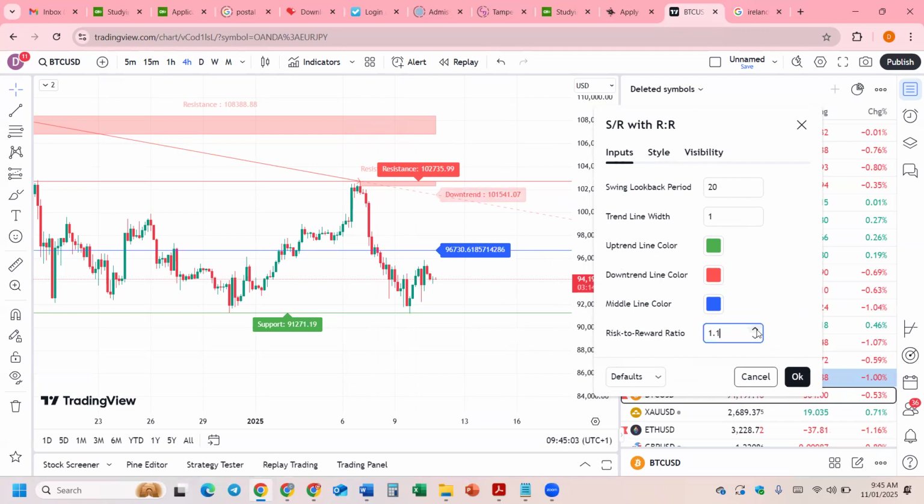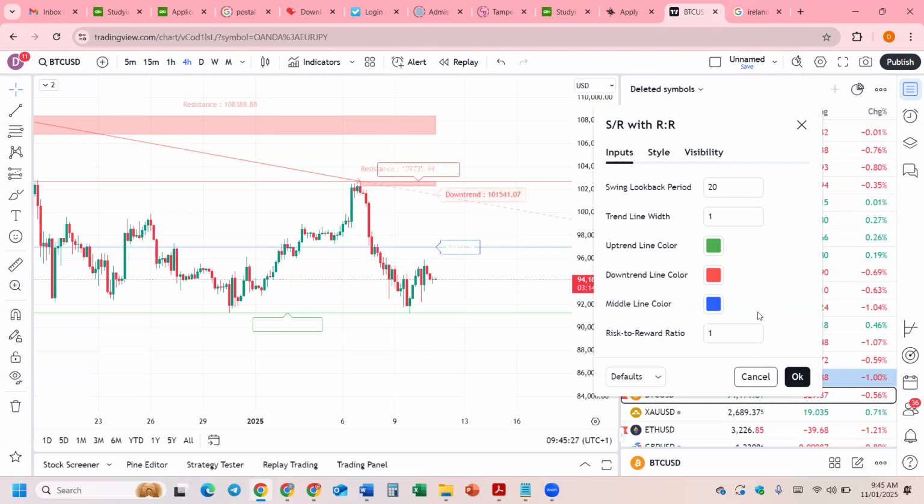If I go 1:1, 1:2, 1:3, 2:1, you can see all the options, but I love using the 1:1 risk to reward ratio, because when price creates a resistance or a support, price tends to hit the risk to reward ratio. So now I'm going to teach you how to trade it.